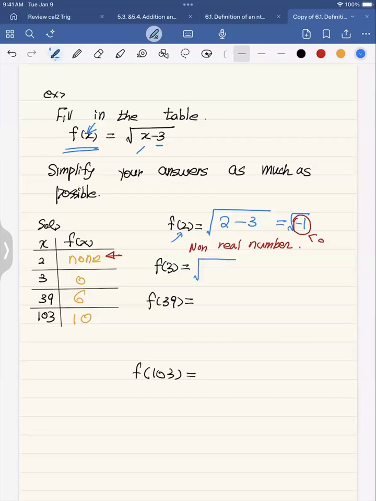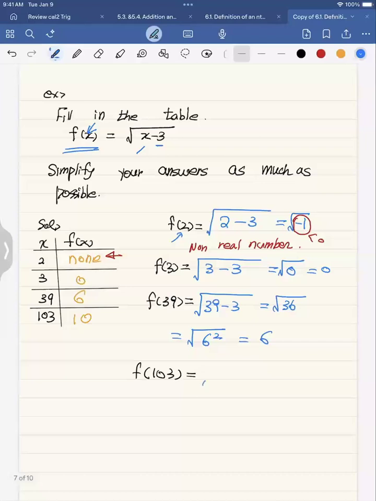f of 3 is the square root of 3 minus 3, which is the square root of 0, which is 0. f of 39 is the square root of 39 minus 3, which equals the square root of 36, which is the square root of 6 squared, which is 6.